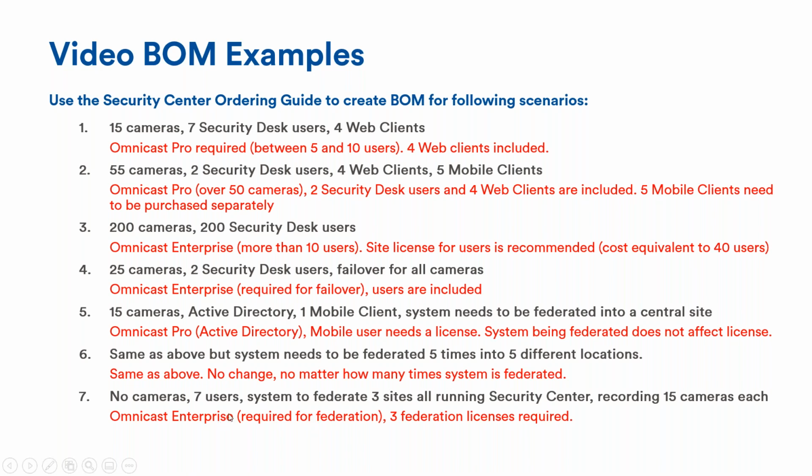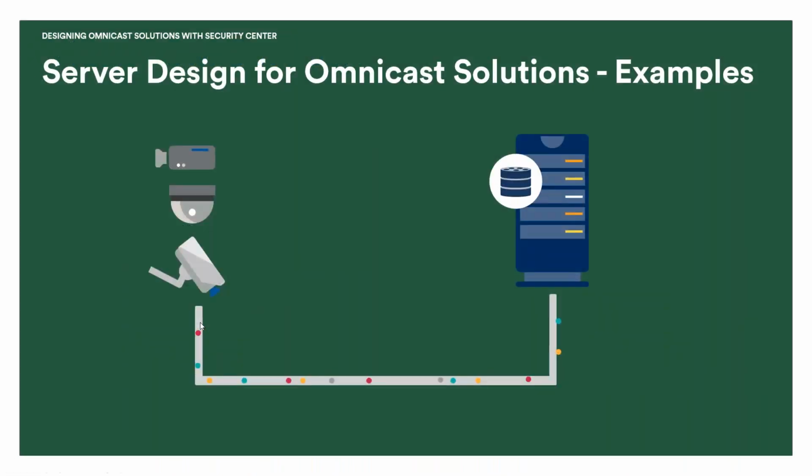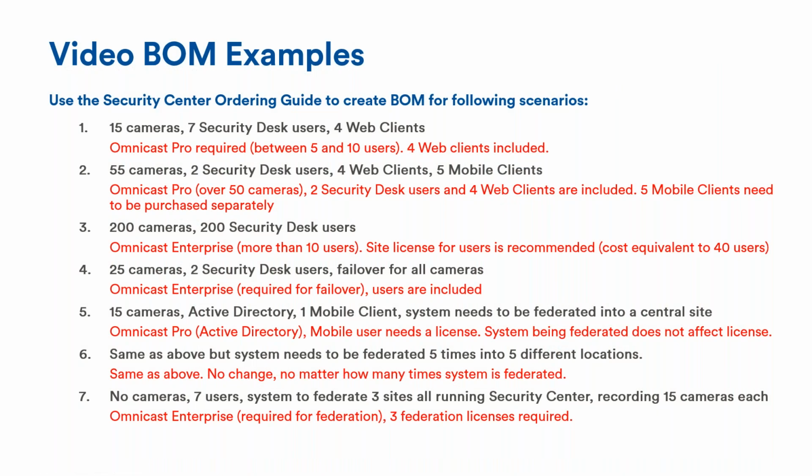And in this case, this would have to be an Omnicast Enterprise package, simply because you need Enterprise to support Federation, and then you need the part number for 3 federations. Okay, so I hope those scenarios make sense.